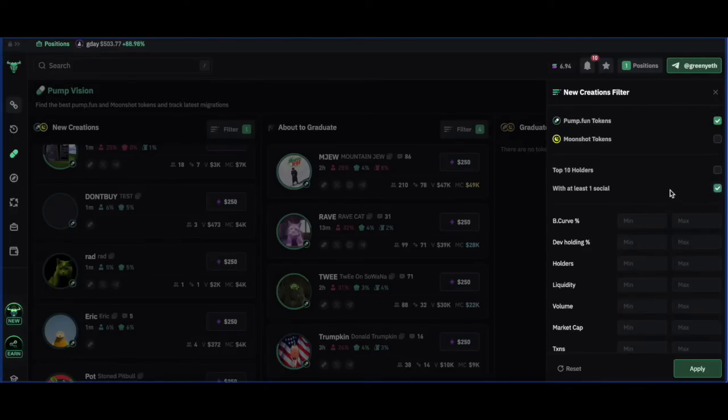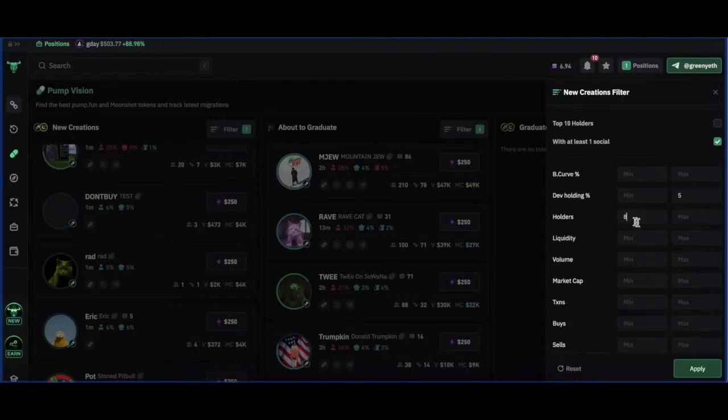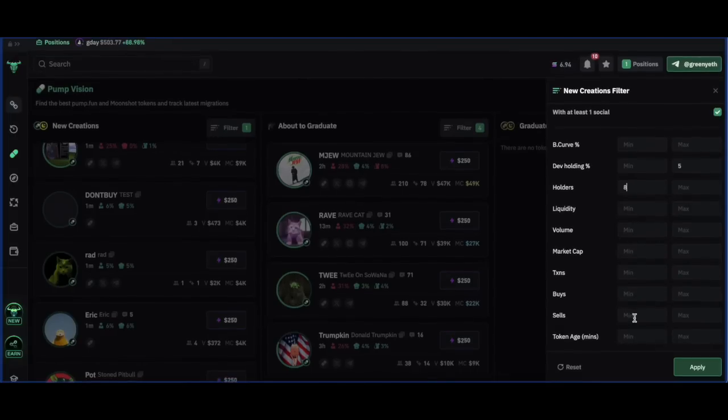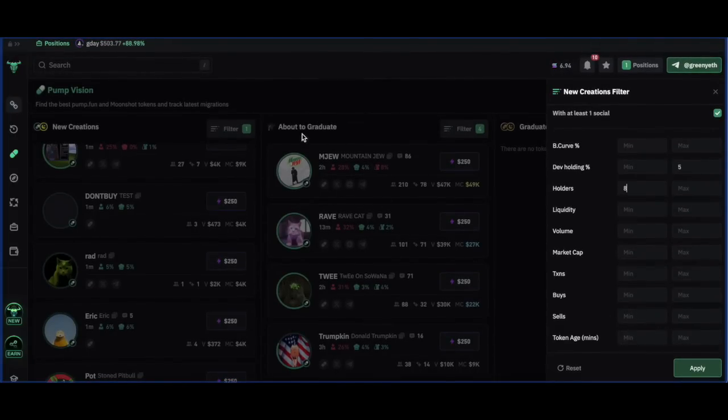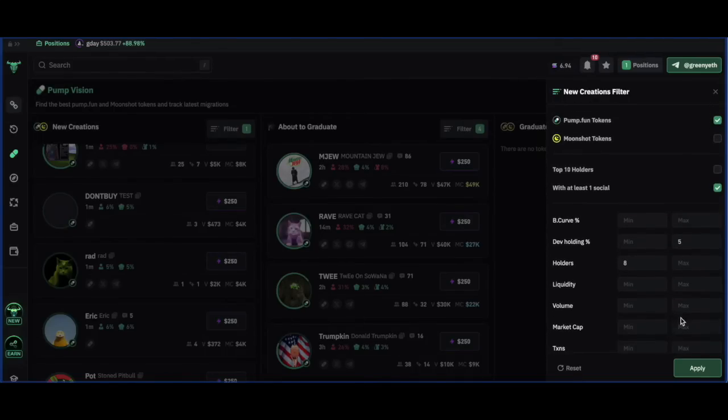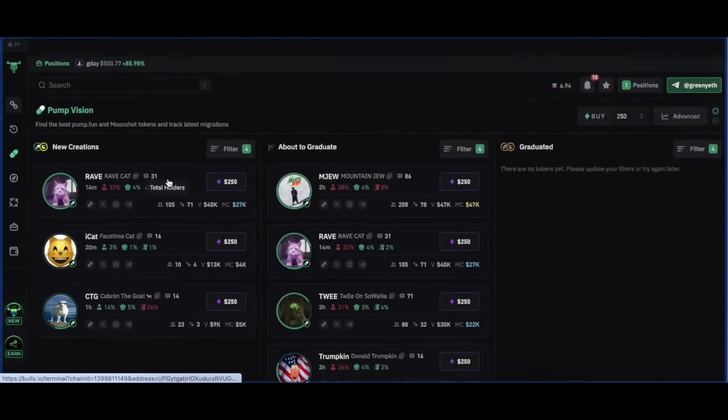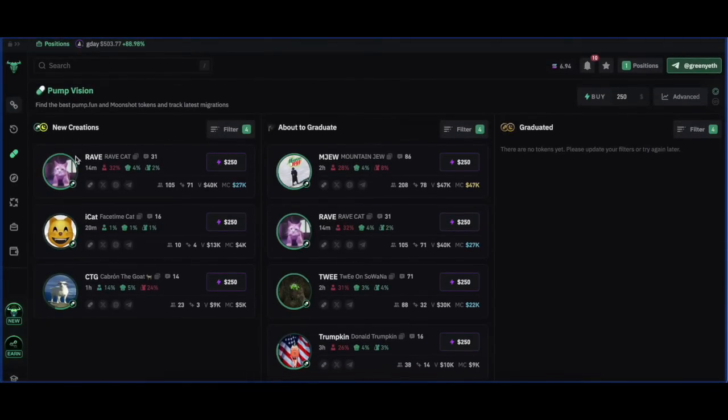The ones I usually like to run with are at least one social, dev holding 5, holders 8. And if you are looking for tokens that are about to graduate, you can use tokens that are only under, I usually go about 4 hours, something to monitor as well. As you can see, it refines a lot.